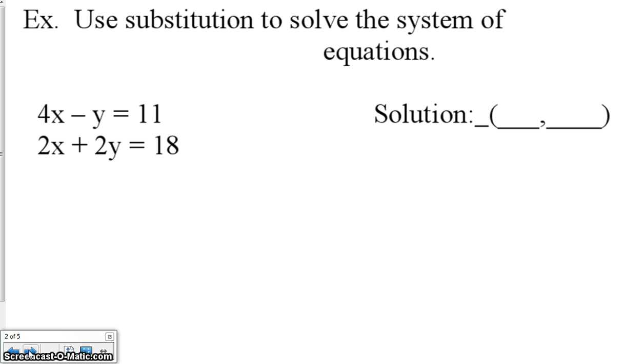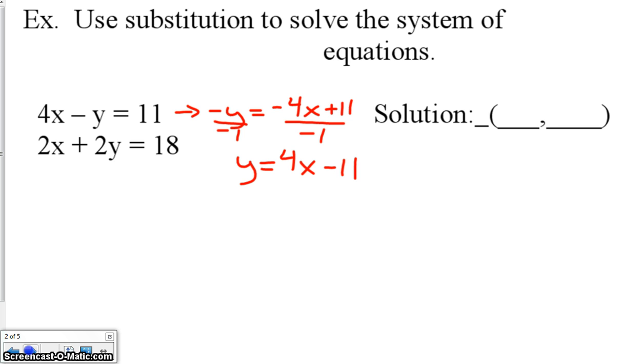In order to do that, I'm going to move my 4x over to the other side, and then I have to just divide everything by negative 1 in order to get y by itself. So y equals 4x minus 11.